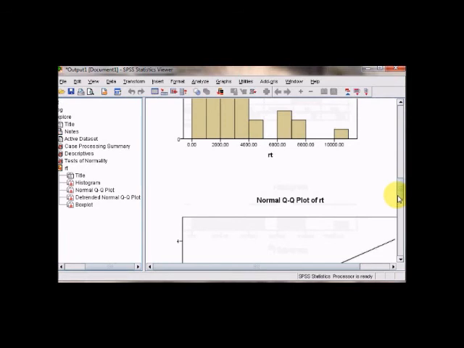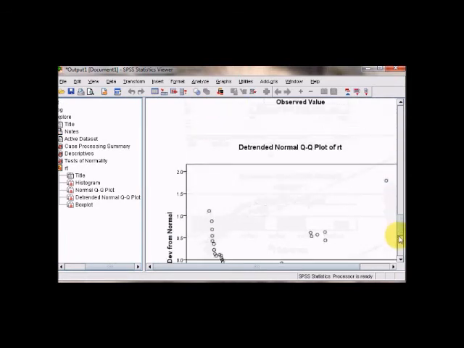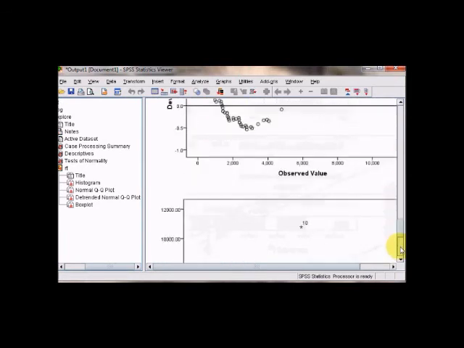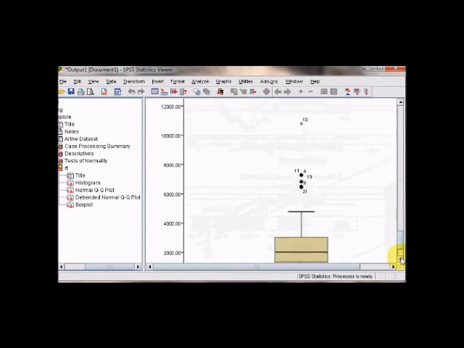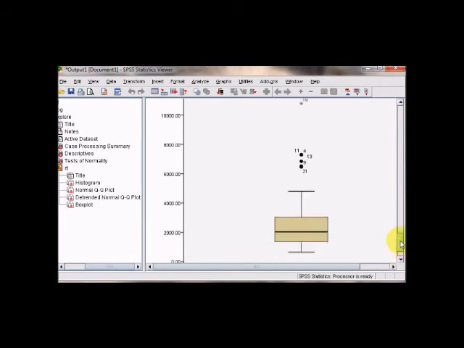Now what we can also look at, right at the bottom of your output, is the box plot, or the box and whisker plot. Now this shows us that we have these participants here and their scores that are statistically outliers.